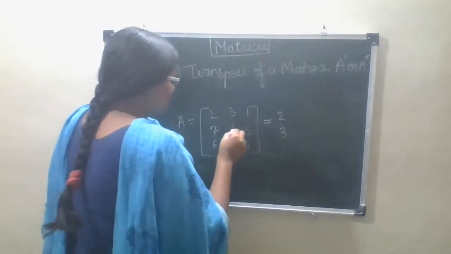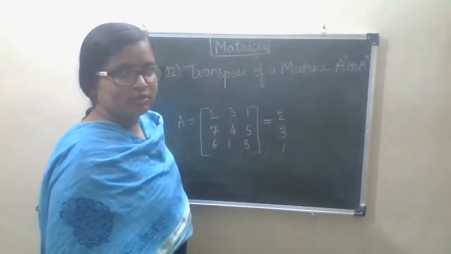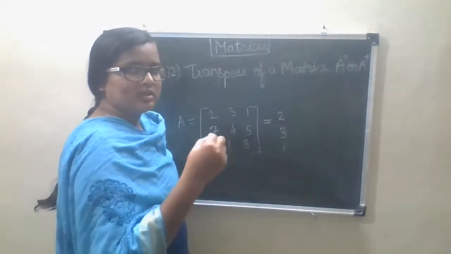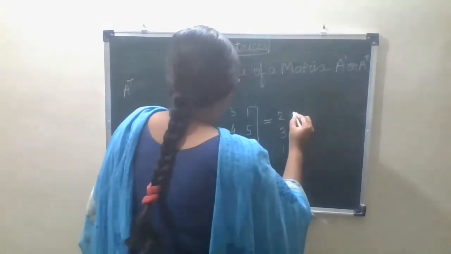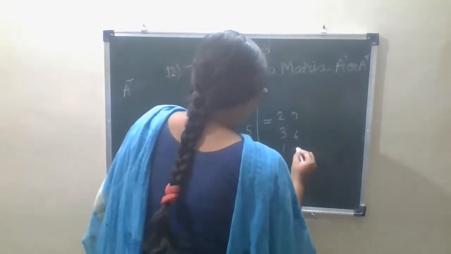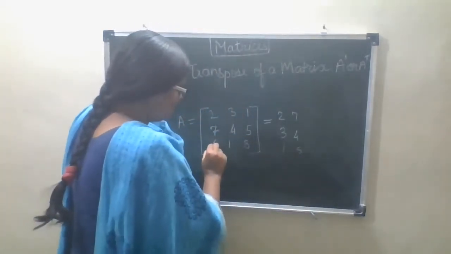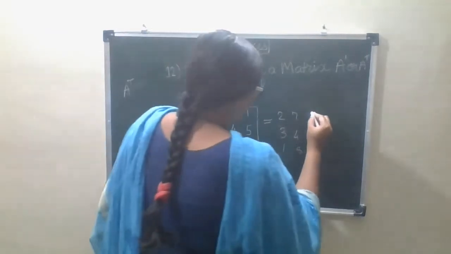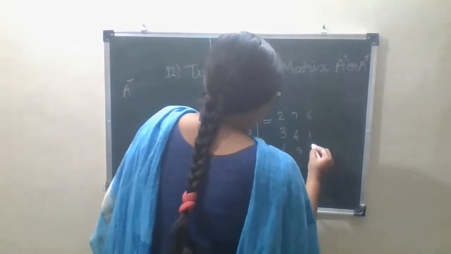Then 7 4 5, these three elements of the row I will interchange and make it a column. Similarly 6 1 8.